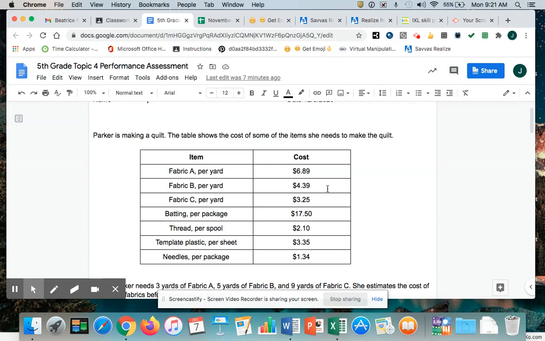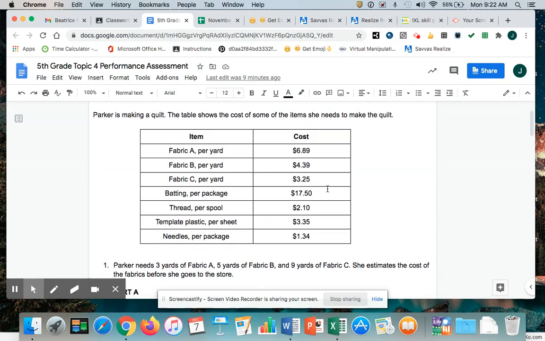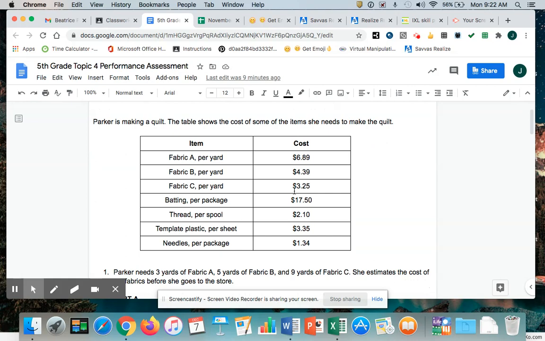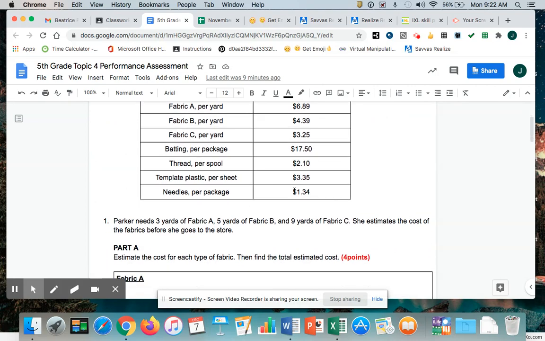Fabric C per yard, $3.25. Batting per package, $17.50. Thread per spool, $2.10. Template plastic per sheet, $3.35. Needles per package, $1.34. Again, be sure to use this data table to answer each question.